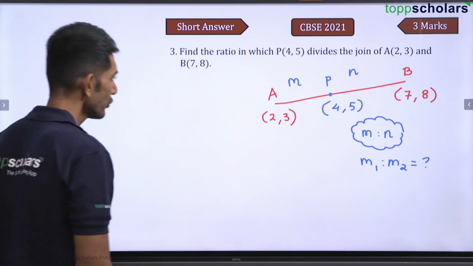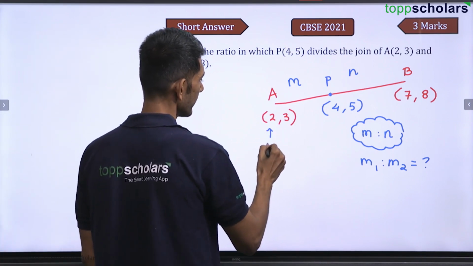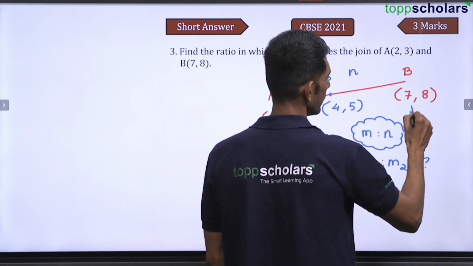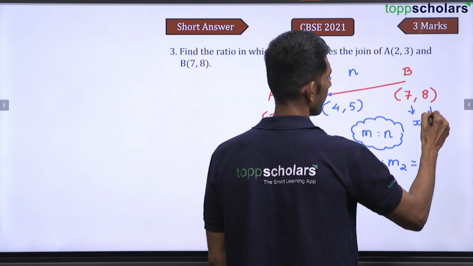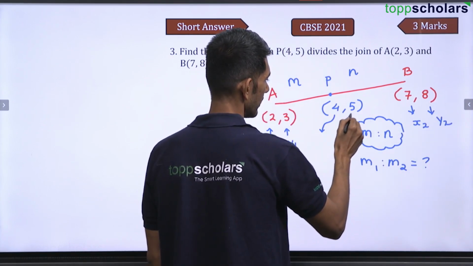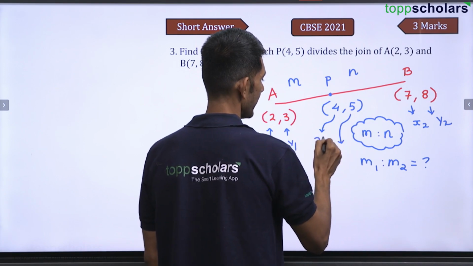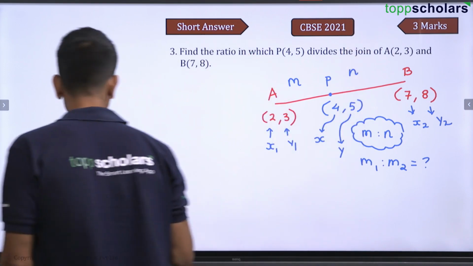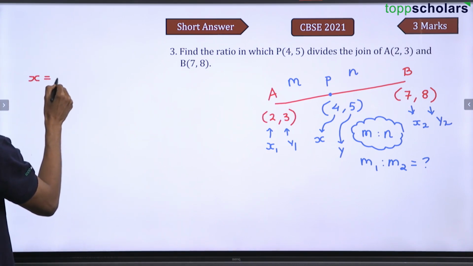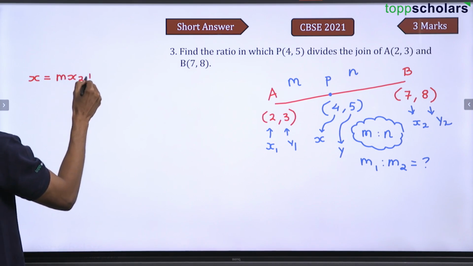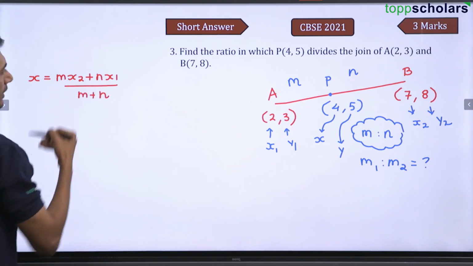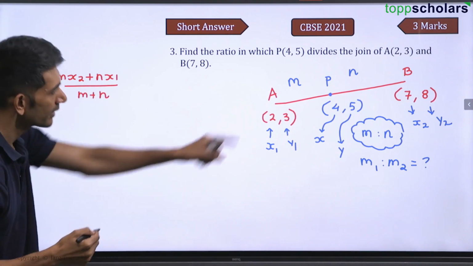The ratio. So here can I say, this is nothing but my x1, this is my y1, this is my x2, this is my y2, and here this is my x and y. So what will be x? We know that x is equal to (m x2 plus n x1) by (m plus n), correct? So what is x? x is 4.